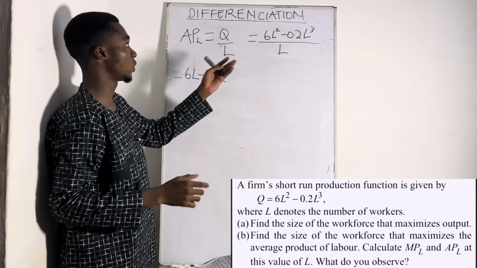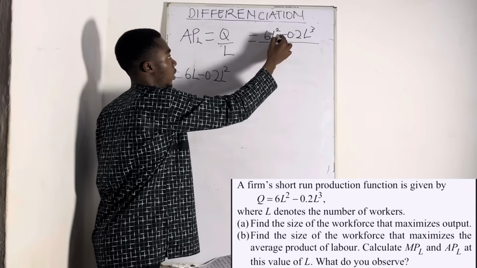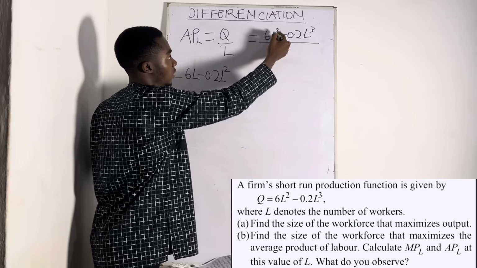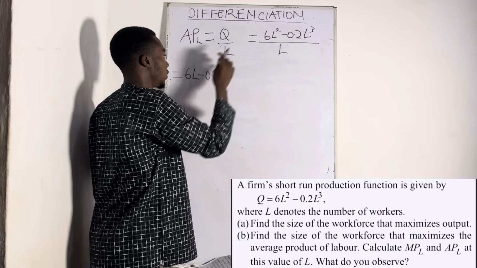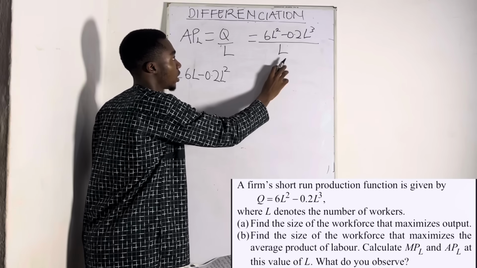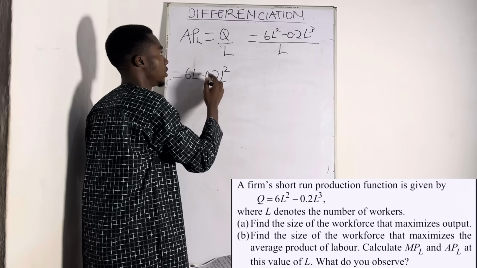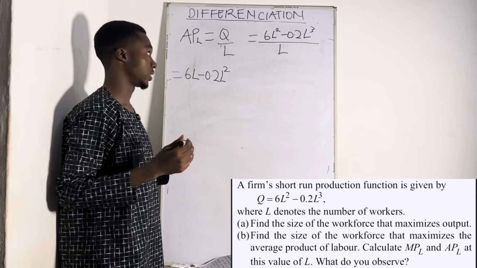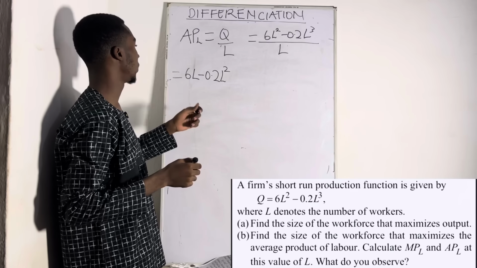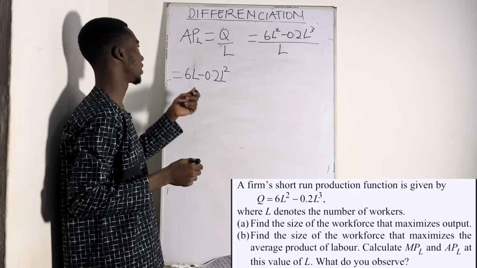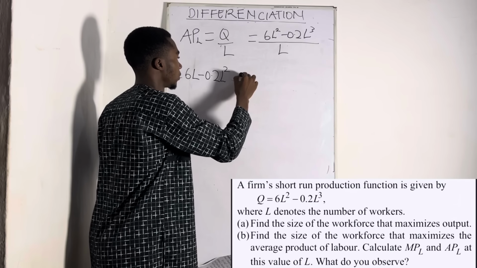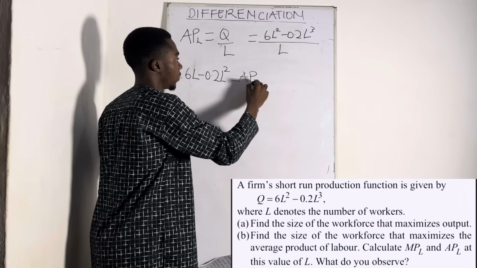The first one is 6L squared over L, so L will cancel one of the L's, leaving 6L. Then L will also cancel one of the L's in L cubed. This one is 3, then we are left with 2. So minus 0.2 L squared. I hope you get it. So now 6L minus 0.2 L squared is our average product of labor.